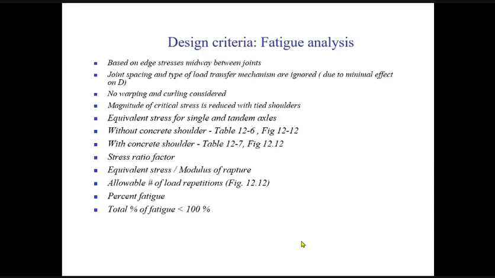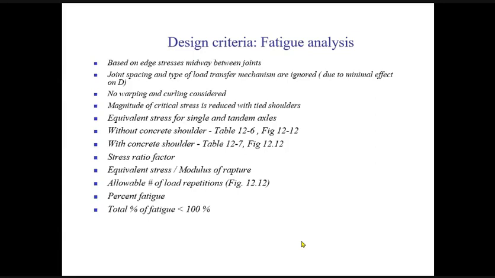And to add to your knowledge, there are different ways of tying a shoulder together. One way, if you have a concrete shoulder adjacent to the concrete pavement, things become easier: you can have a dowel bar and tie it with the shoulder.